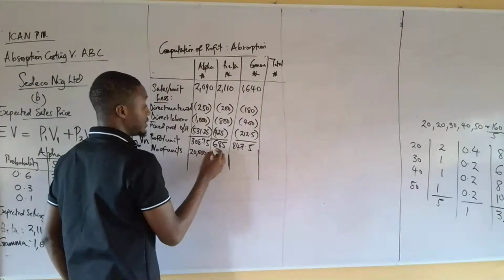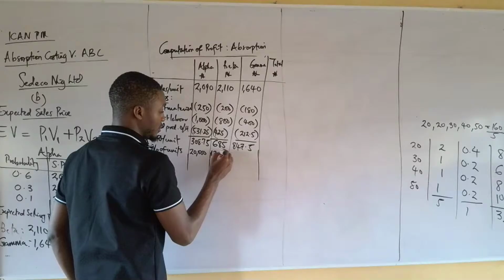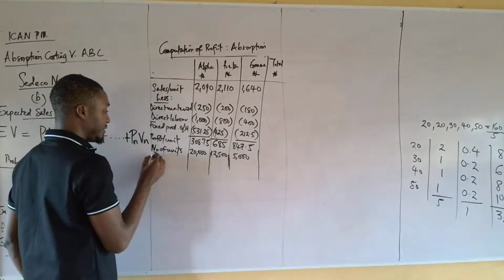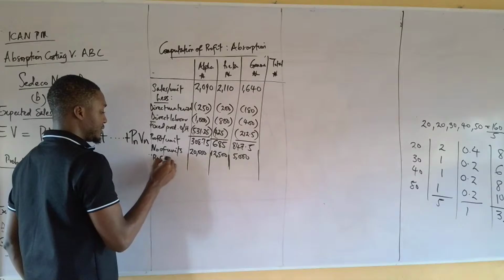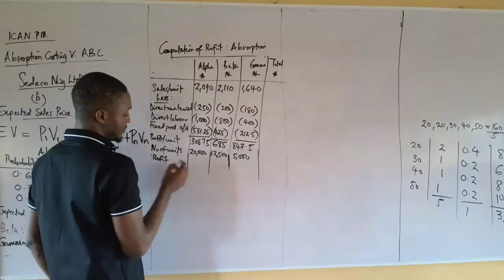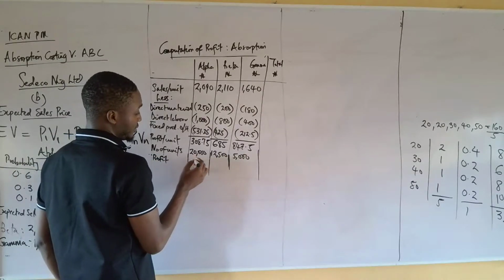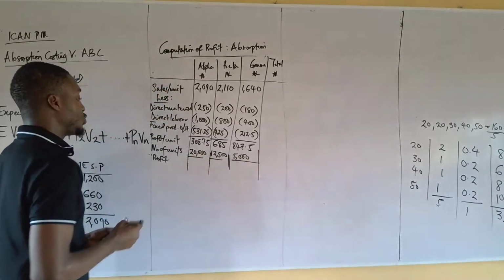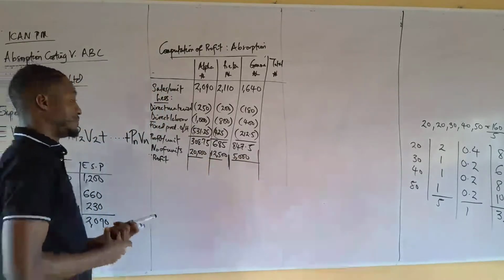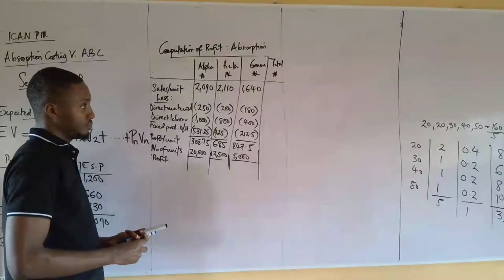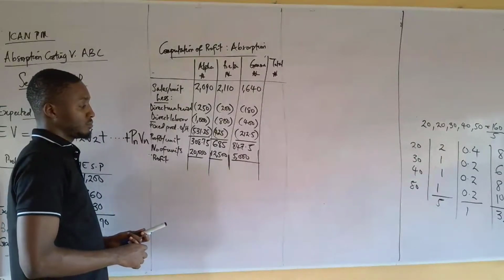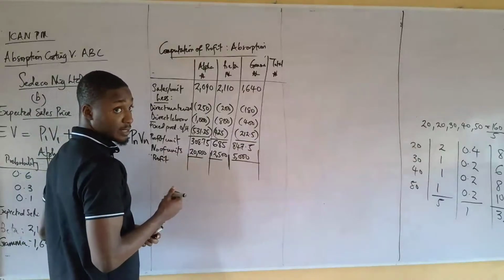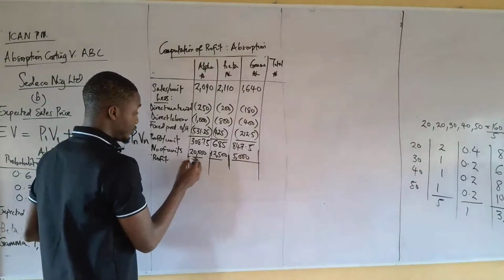For beta it is what? And then 5,000. So we're going to multiply the profit 8.75 times 20,000. 175,000. Okay.